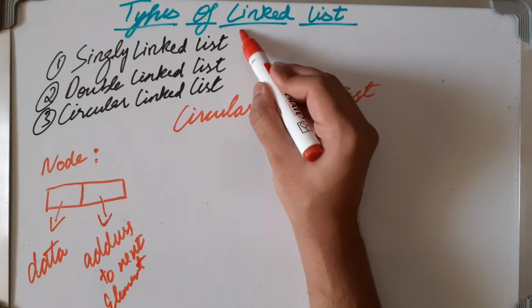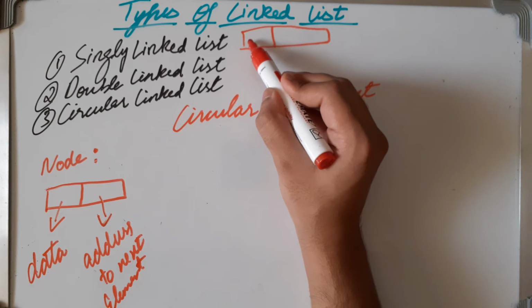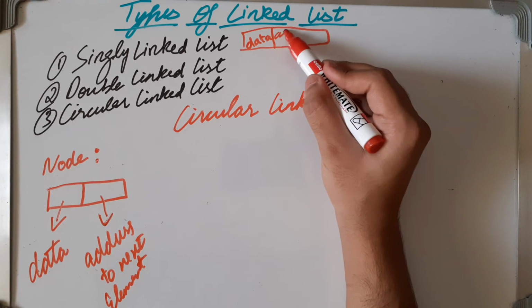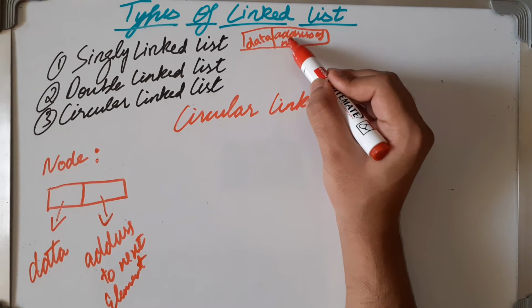Let me draw it here. It is having two parts. The first part is data and the second is the address of the next.